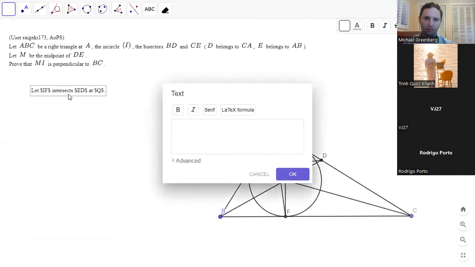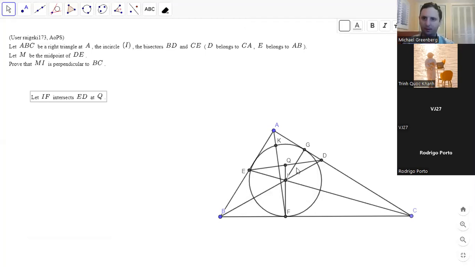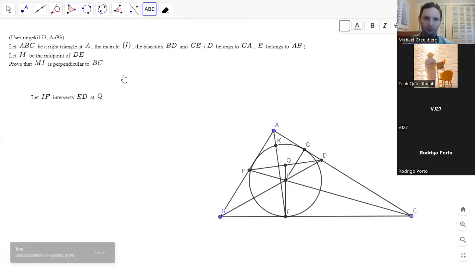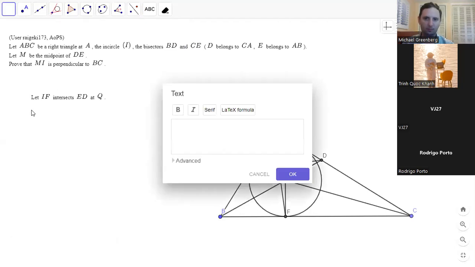Let me copy this. We put it in LaTeX notation.